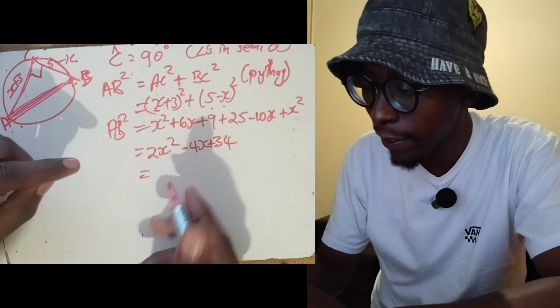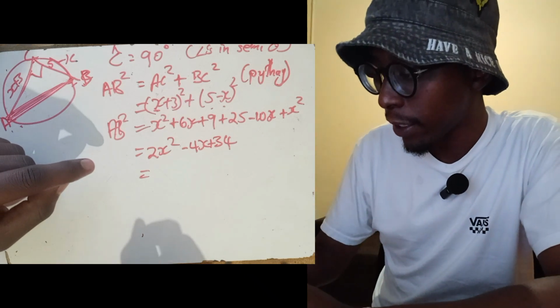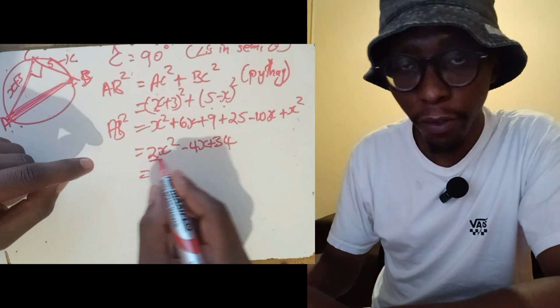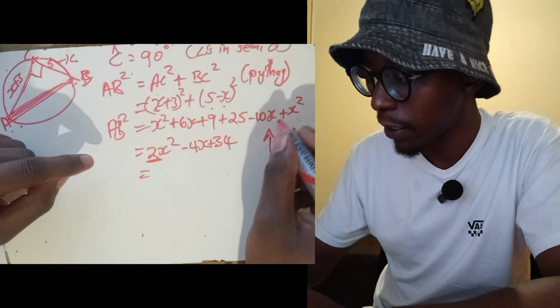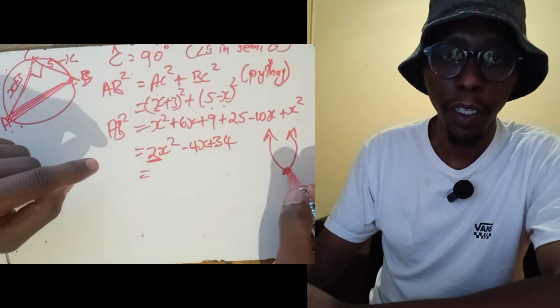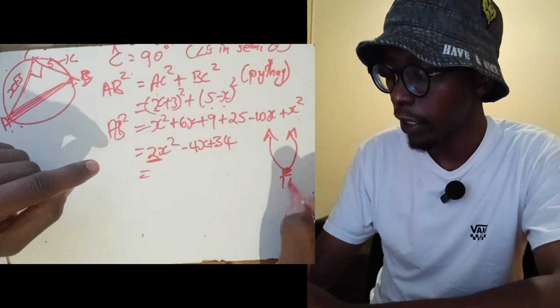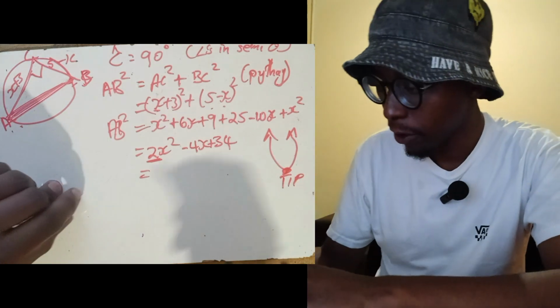So obviously guys, this is a quadratic function, and because our a value is positive, we know it's a smiley face. And then in a smiley face, we have a minimum value, which is our turning point. So now how do we find the x value at the turning point?